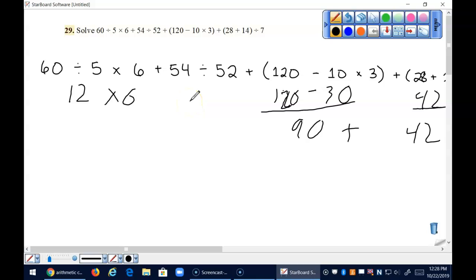54 divided by... Shouldn't make a decimal. I should fix my randomizer. Keep going. Alright, so 52 goes into 54 once with a remainder of 2. Bring down the 0, so that's a point.